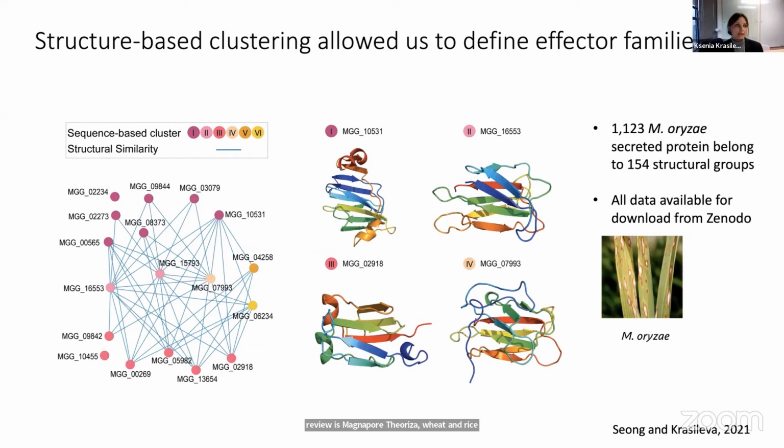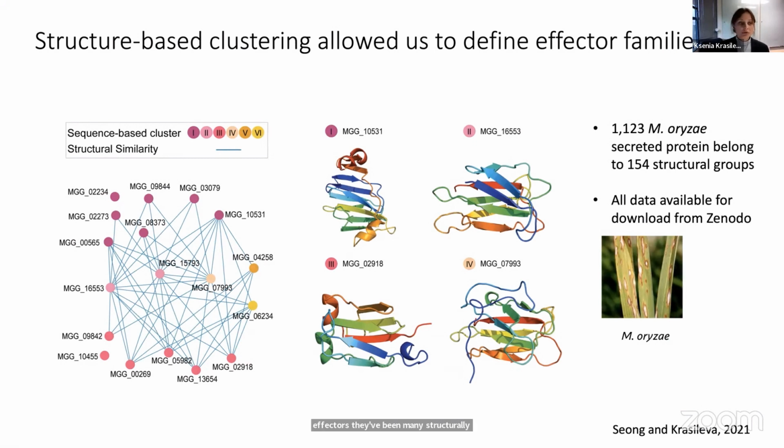And so he took predicted secreted proteins from this very important and devastating plant pathogen. It's over 1,000 of these. And he predicted structures of all of them. And indeed, what he was able to show is that among sequence-unrelated effectors, there are many structurally related groups.